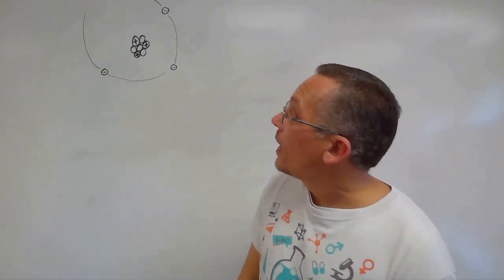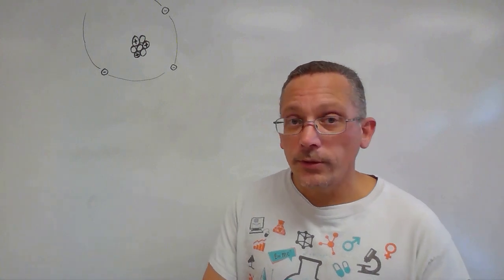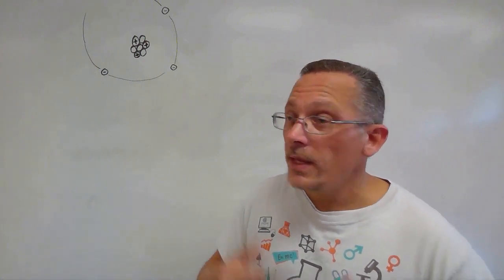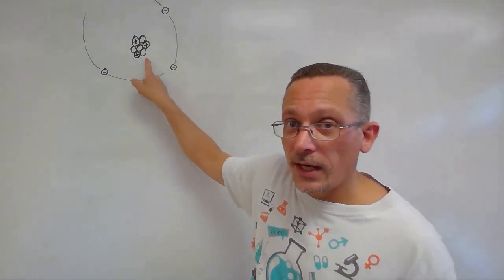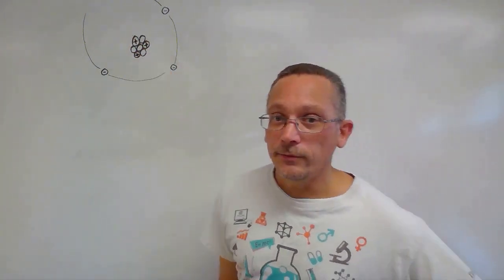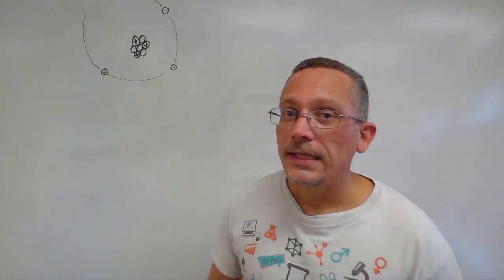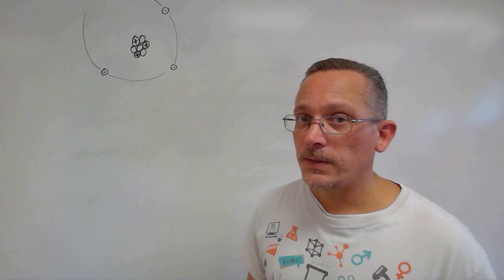We just don't count it. So basically, for the atomic mass, all you have to do is count up protons and neutrons, right? So protons and neutrons, how many do I have in my atom? 1, 2, 3, 4, 5, 6, 7. So the atomic mass of this lithium atom is 7 atomic mass units.